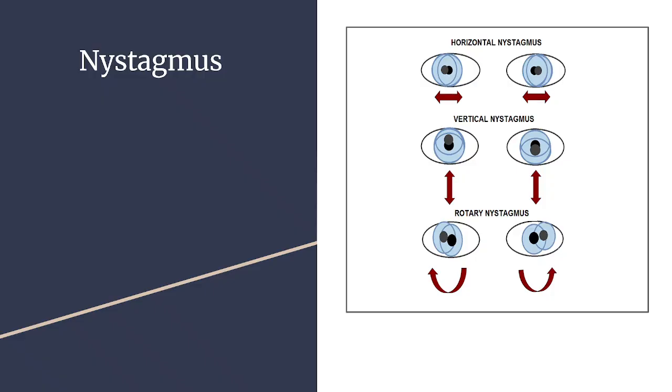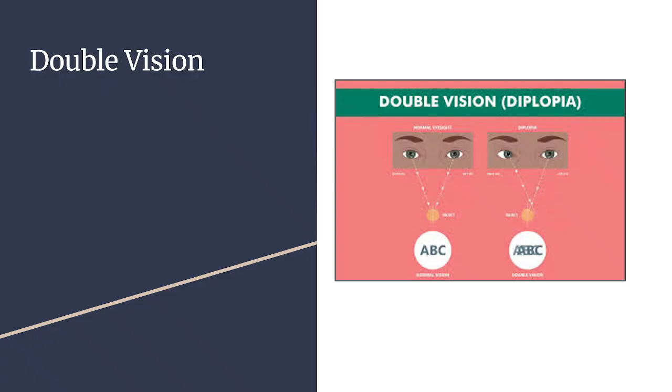Now we move on to double vision. Double vision, also known as diplopia, is a condition where a person sees two images of a single object instead of one. This can occur in one or both eyes and may be side by side or above, below, or diagonal to each other.